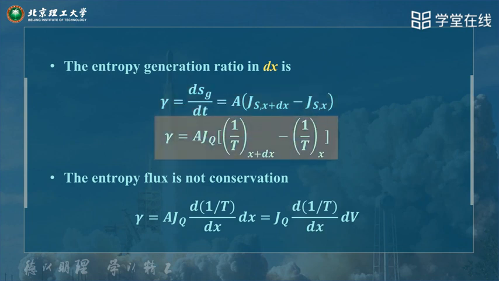Also, the ratio equals A Jq times (1 over T at x plus dx minus 1 over Tx).